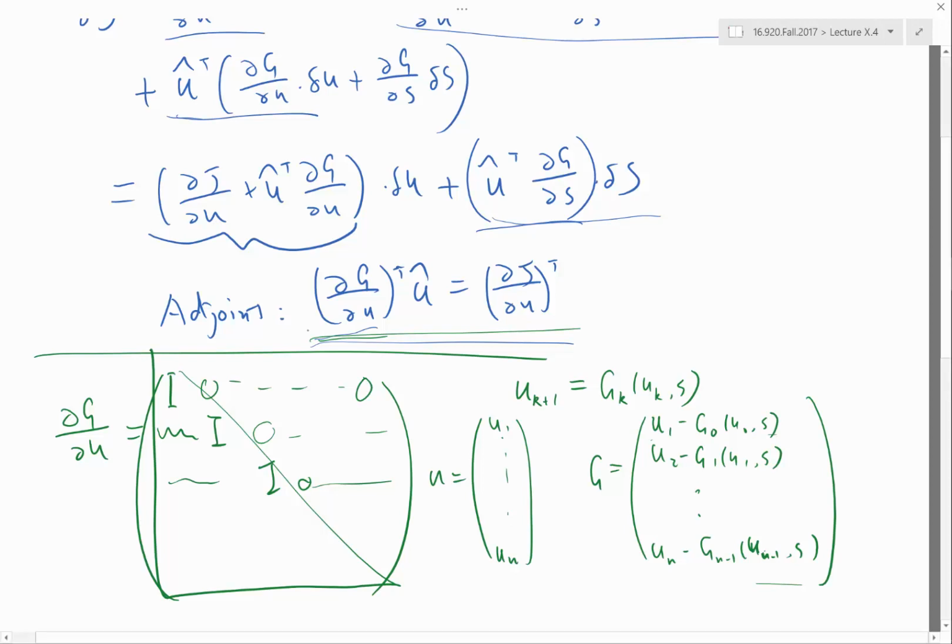That means when I want to solve this equation, actually solve the transpose of this equation, how do I solve the transpose of a lower diagonal matrix, which is an upper diagonal matrix? Backward substitution, right? If I solve a lower diagonal matrix, it's forward substitution. When I solve the adjoint, which is the transpose of a lower diagonal matrix, I do backward substitution. That's why it's backpropagation.